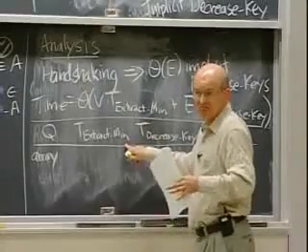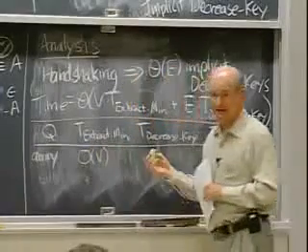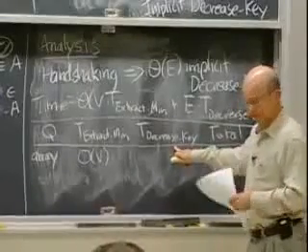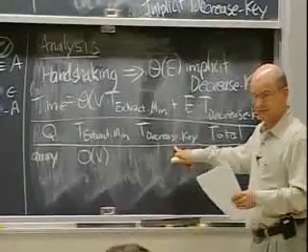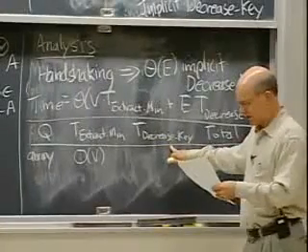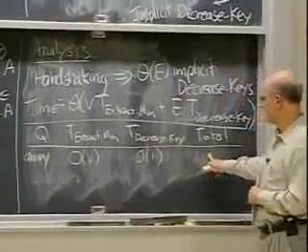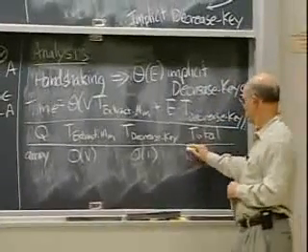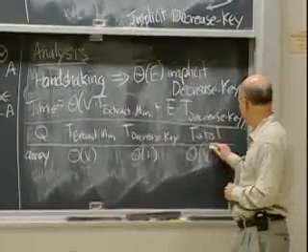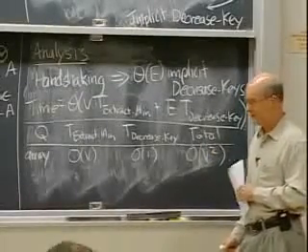Order V in this case, because it's an array of size V. And to do a decrease key, I can do it in order 1. So the total is V squared. Good. Order V squared algorithm.